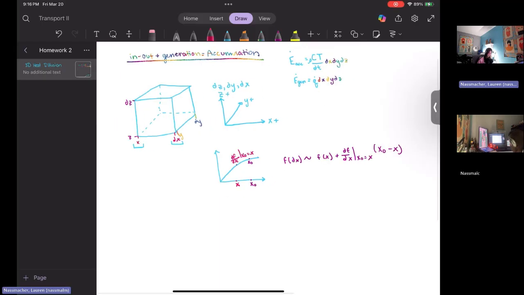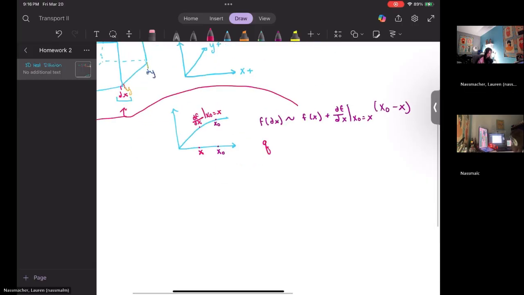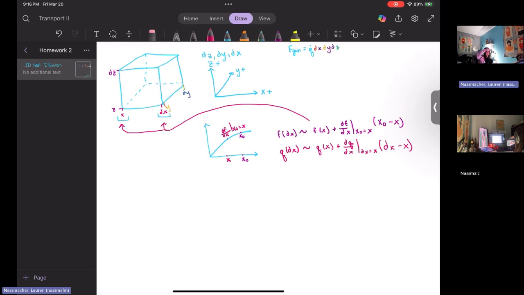Applying that back to our change in x and our x with regards to heat flow, we get that our heat flow at dx, because that's what we're looking for, is approximately equal to our heat flow at x plus our change in heat flow over our change in x at x, multiplied by our change in x minus x. And so that is directly taken from our Taylor series expansion.